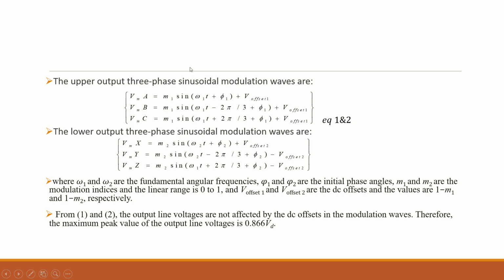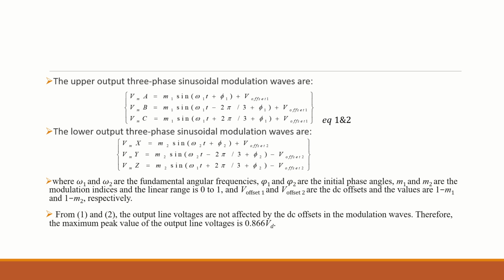Here we have the upper output three-phase sinusoidal modulation waveforms, VMA, VMB, VMC. And these are the lower output three-phase sinusoidal modulation waveforms. These are the plus offset and the minus offset. Omega 1 and omega 2 are the fundamental angular frequencies, phi 1 and phi 2 are the initial phase angles, and m1 and m2 are the modulation indices, whose linear range is 0 to 1.